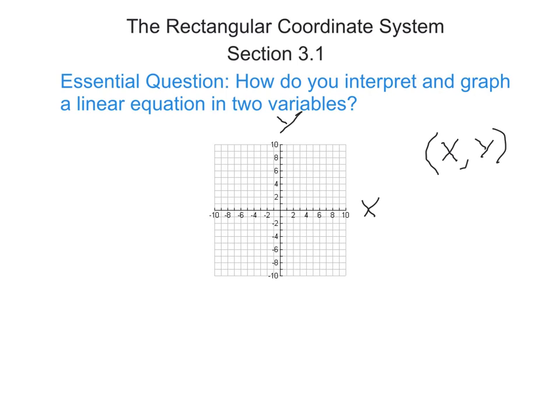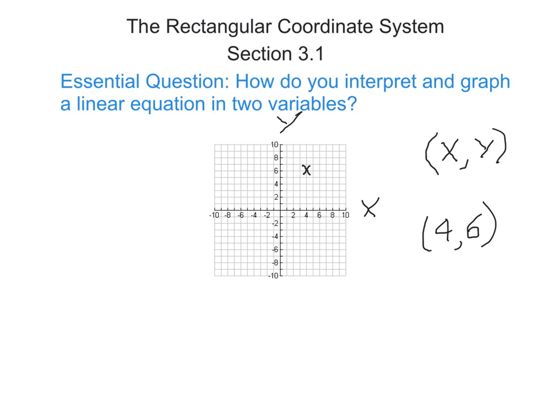So if I have an ordered pair, say (4, 6), I would go over 4 on the x-axis, then go up 6 on the y-axis, and my point would be right there, and that would be the point (4, 6).